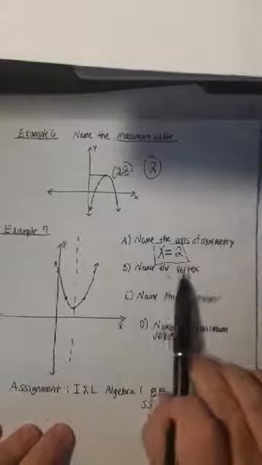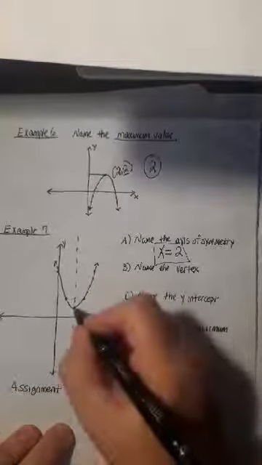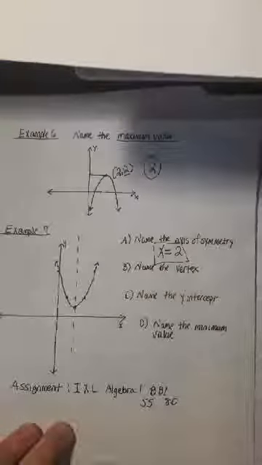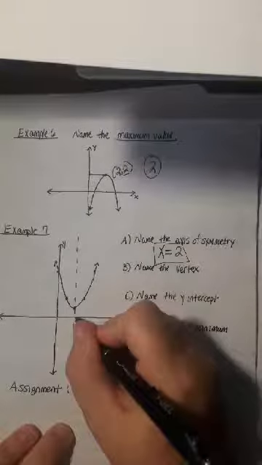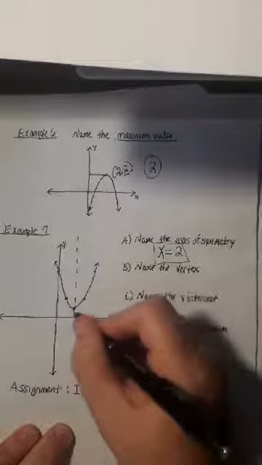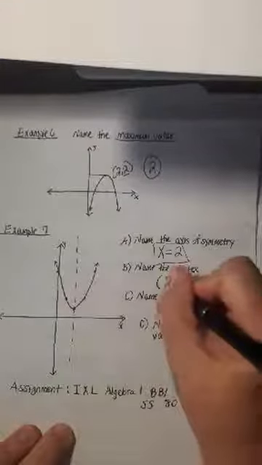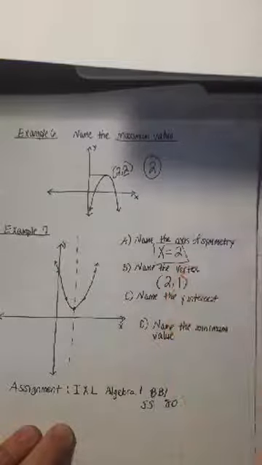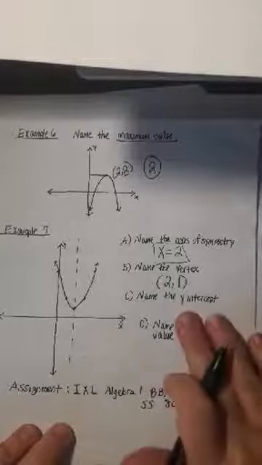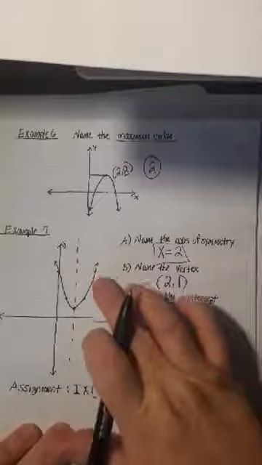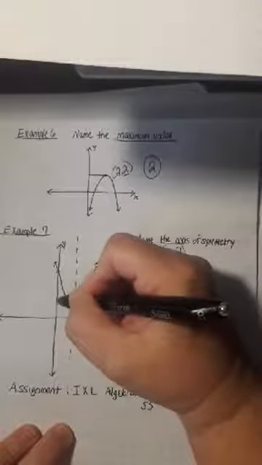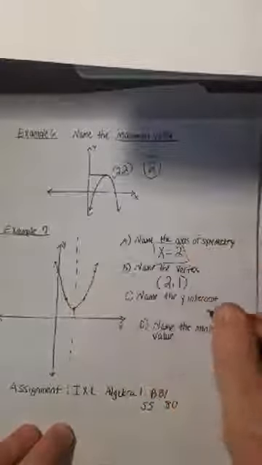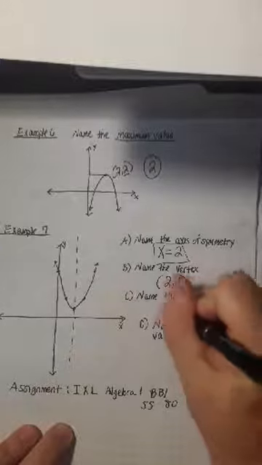Part B says name the vertex. All right, the vertex is this point right here. And that point is 2, like to the right 2, up 1, so it's 2, 1. 2, 1 is the vertex. The y-intercept is where the parabola hits the y-axis over here at 1, 2, 3, 4, 5, and you just put that y-coordinate 5 in.